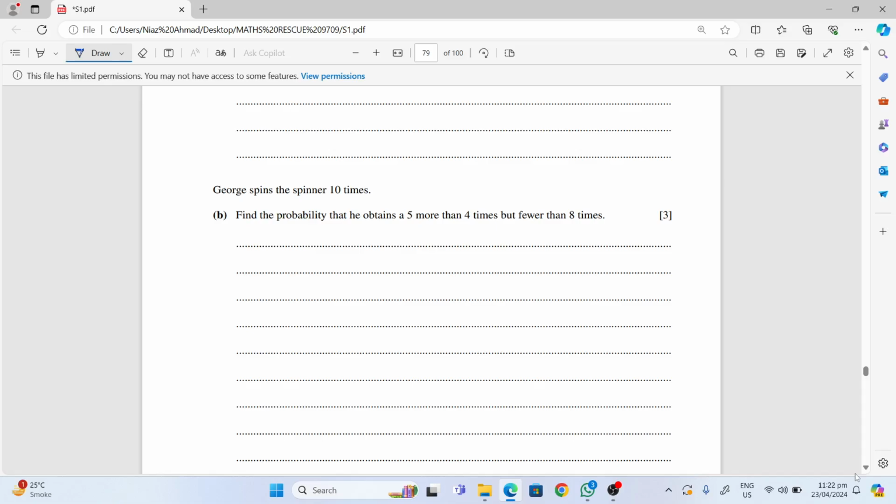Part 2 says George spins the spinner 10 times. Now n is given, so it is binomial. We have p as 1 over 5 and q as 4 over 5. He obtains a 5 more than 4 times but fewer than 8.